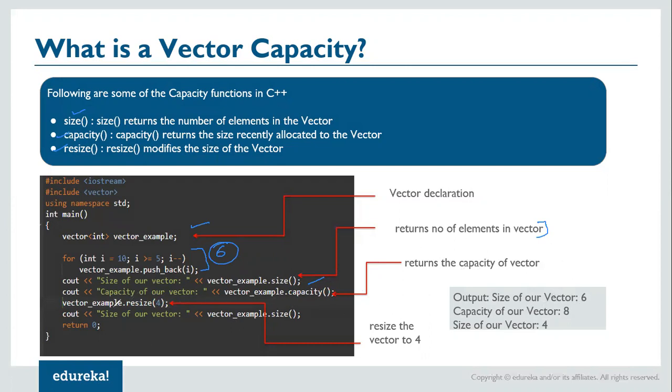And then finally, you can resize it also. If you resize it, the size shrinks to 4. So this is how you can make use of various capacity functions that are available in a vector container. So let us head to our lab VMs and try all this with some examples.